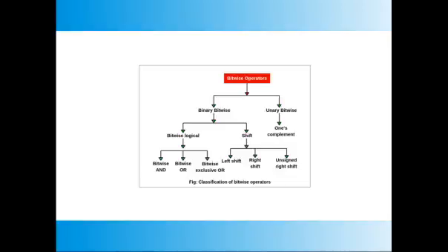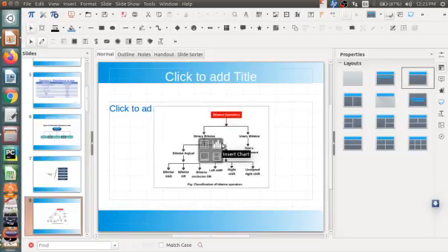So you can see there are binary bitwise operators and unary bitwise operators. Bitwise logical operators are and, or, exclusive or. Shift operators are left shift, right shift, unsigned shift. Okay, so let us see this in the next class, and how we will write these operators and what the concepts behind them are.